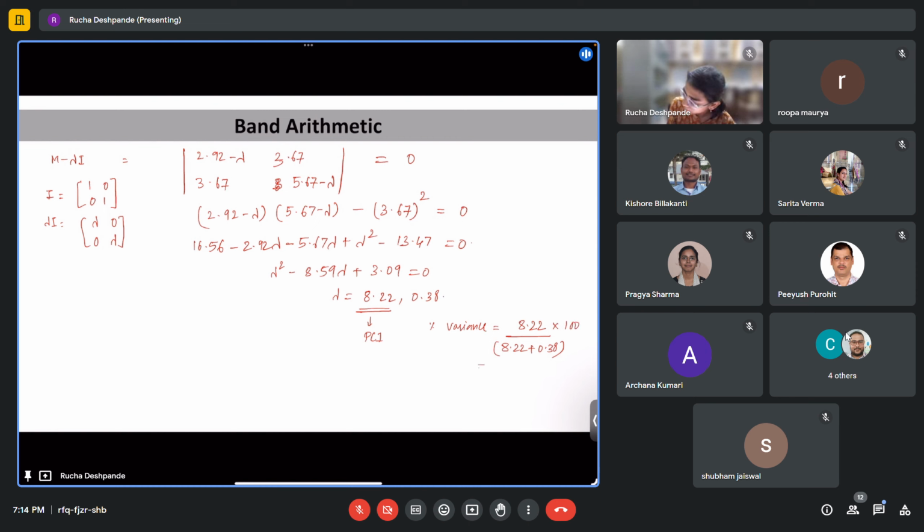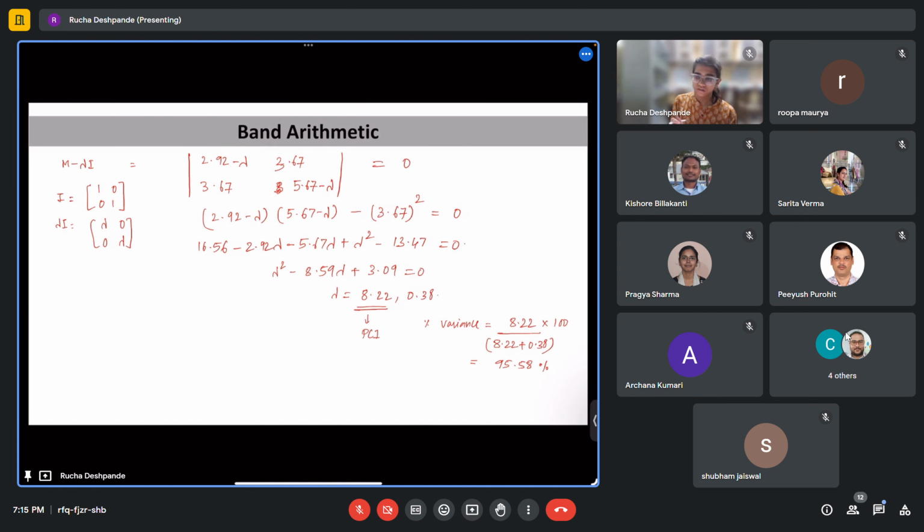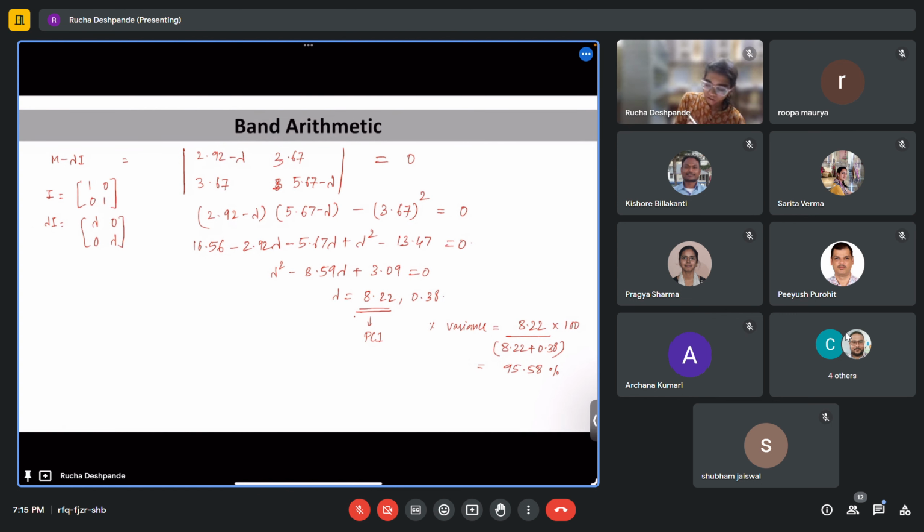This component itself would cover approximately 95% of the data. So now we'll calculate the eigenvector corresponding to this eigenvalue.